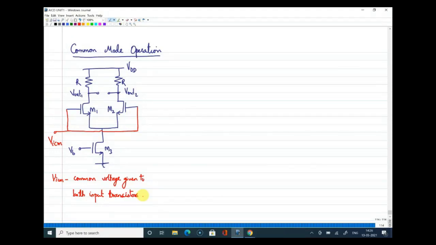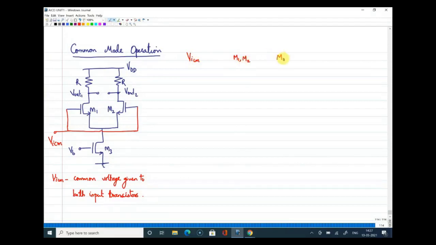In practical cases, when you apply a signal, the DC which is coming along with the signal becomes common for both the inputs. So if I am shorting the gates of the two devices, and connecting that to a common voltage, which I am calling VICM, let us see the operation of the circuit when I have the VICM value varying from low voltage to high voltage.